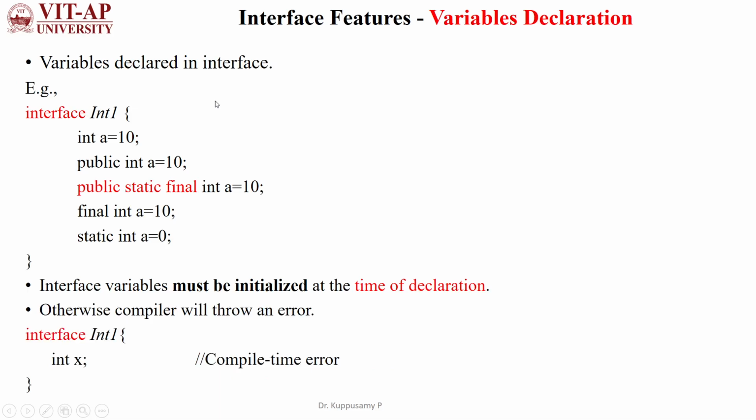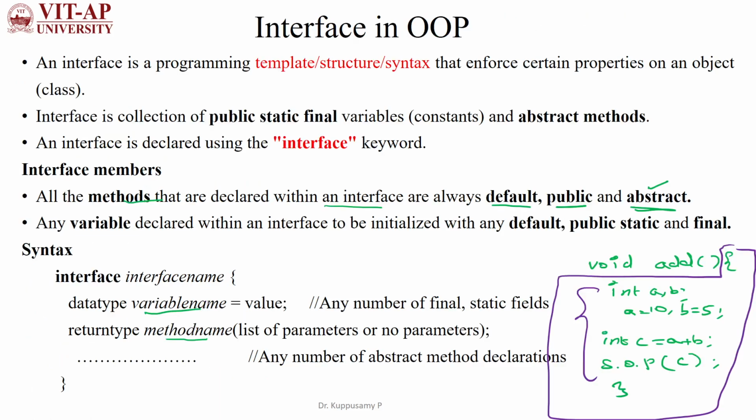So like this we define the method, which by default is equivalent to abstract. We have seen abstract classes and abstract methods. An abstract method also does not have a body, so the method you define inside the interface is equivalent to an abstract method.